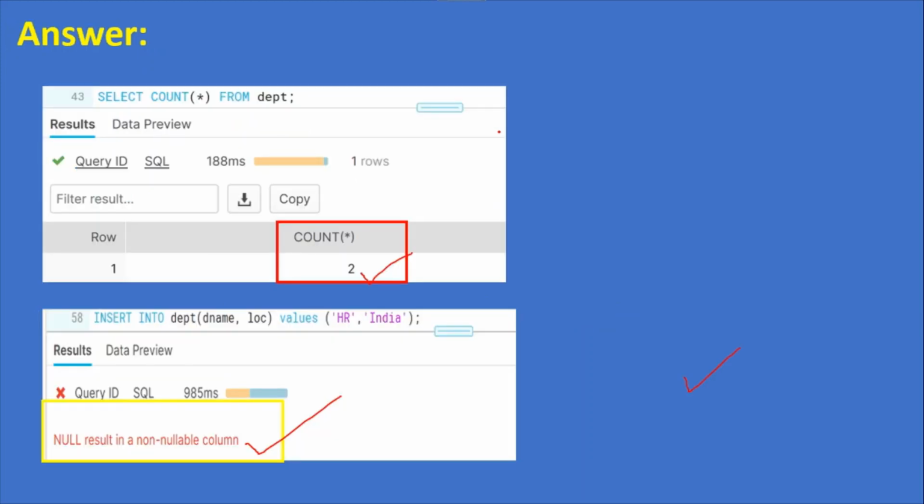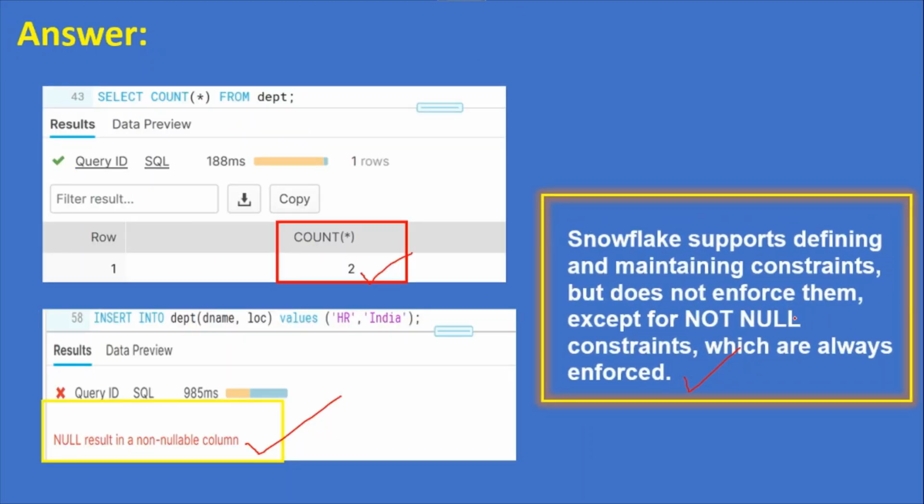That is what they are telling. Not null is always enforced, whether defined explicitly or through the primary key. That's why we got the error while inserting the third row without a department number value.